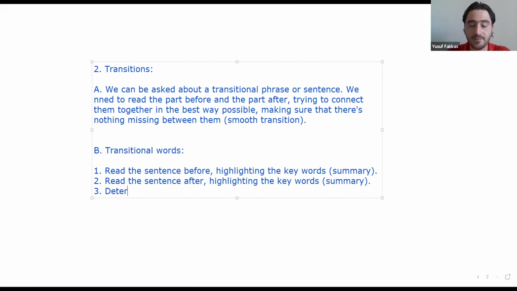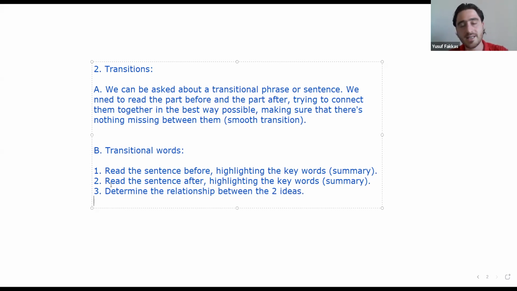You need to determine, and this is the most important part now, the relationship between the 2 ideas or sentences, right? Is the first sentence the cause and the second sentence is the effect? Is the first sentence comparing something mentioned in the second sentence?